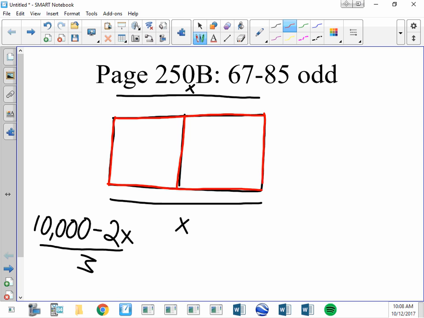All right, now let's choose x as the other variable, and let's see if that makes sense to you. Let's call this x. How much fence do I use when I create that? I use x. And then if I build these, I have now used 3x, so what's left? 10,000 minus 3x, and what am I going to do with that fence?